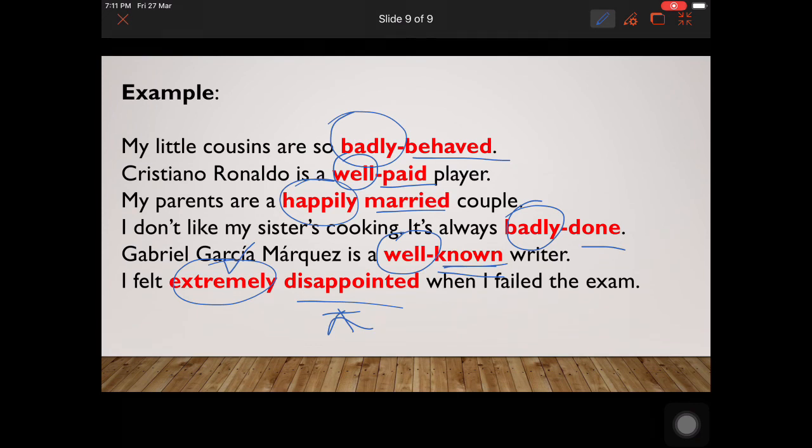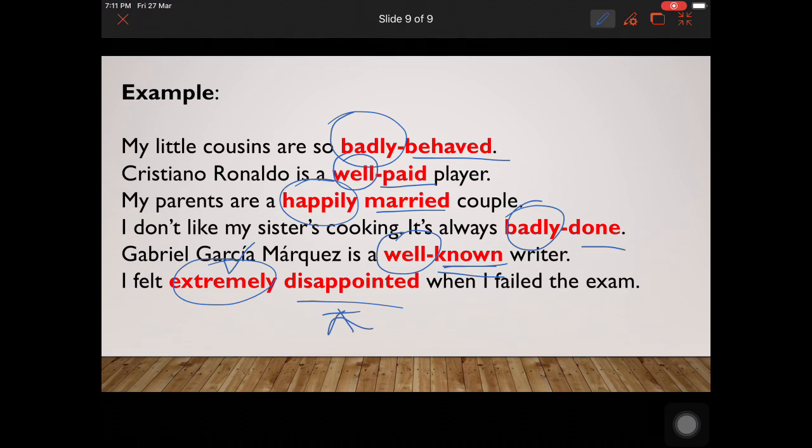That means that you were studying like crazy, checking your notes, reading a lot of books. You went to bed very late, and no matter what, you got a horrible, bad grade on your exam, and you say, oh no, come on, why? Well, you felt extremely disappointed.